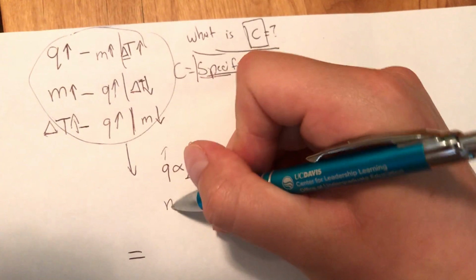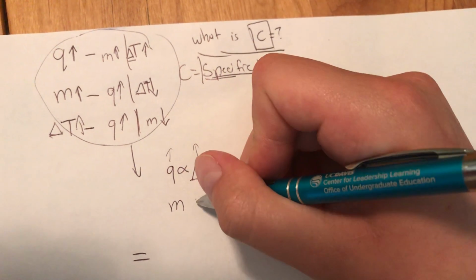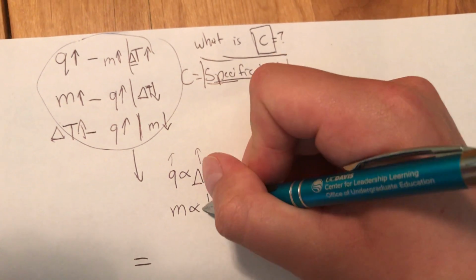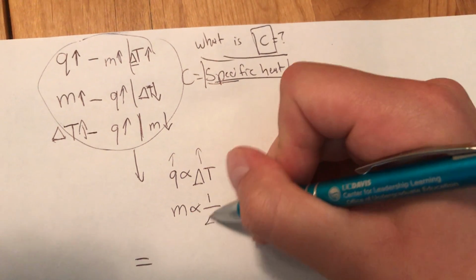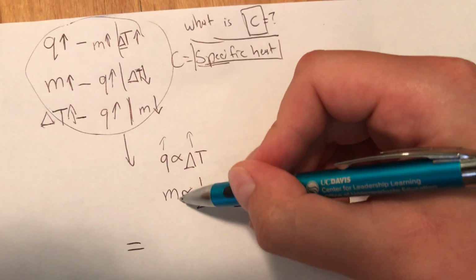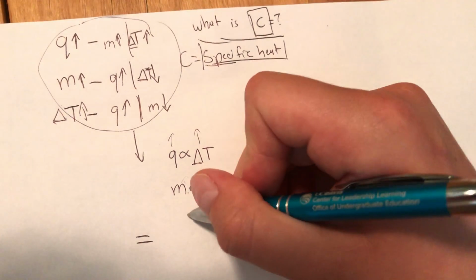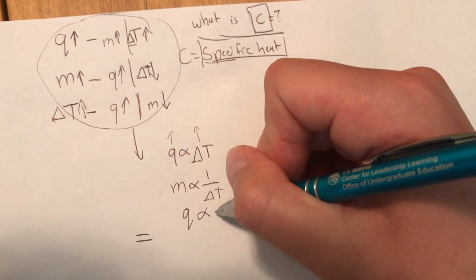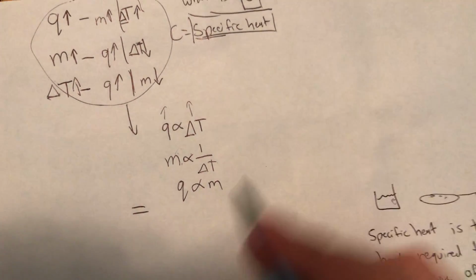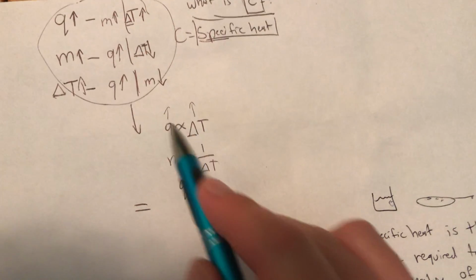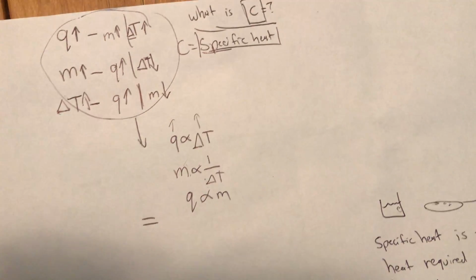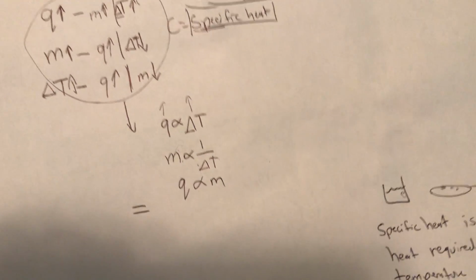Let's look at mass. Mass is inversely proportional, so we're going to go 1 over our delta T, because as this increases, this is going to decrease. And the last one is Q proportional to M. Whenever you show the relationships in this way, we can now write an equation.